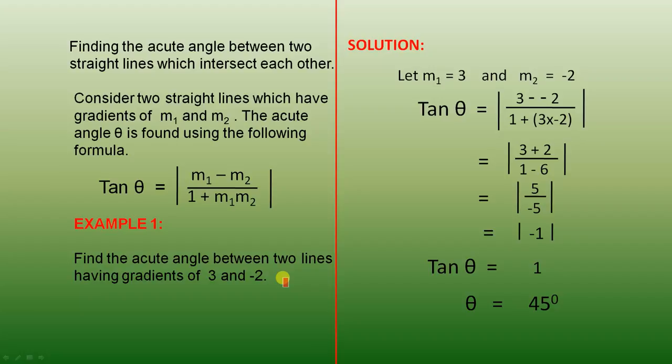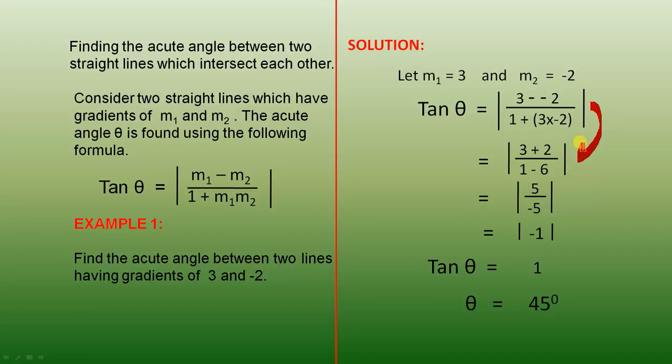So here's the example. Find the acute angle between two lines having gradients 3 and minus 2. So m1 is 3 and m2 is minus 2. So we substitute those values, m1 and m2, into that formula there. That gets us to that line.